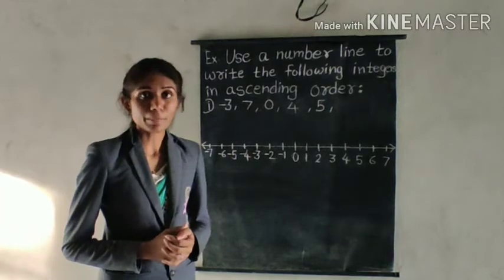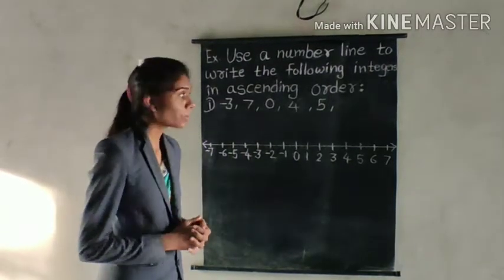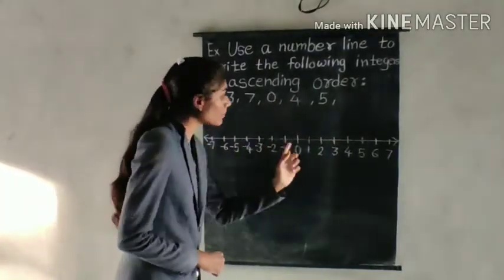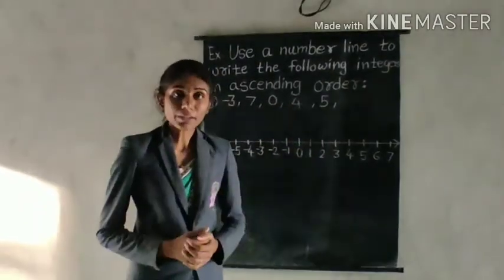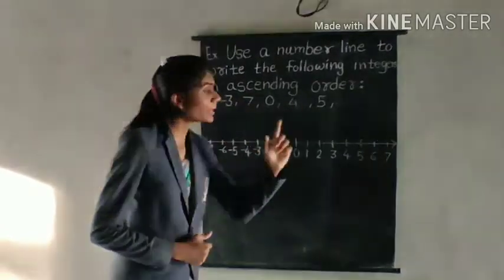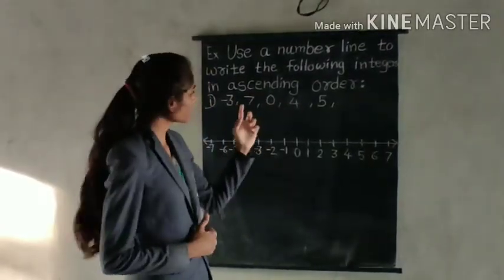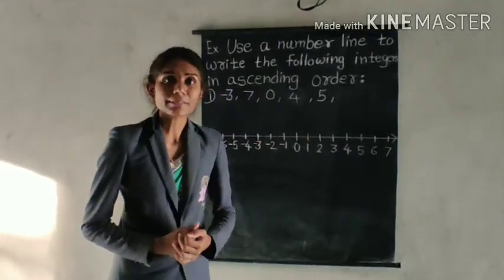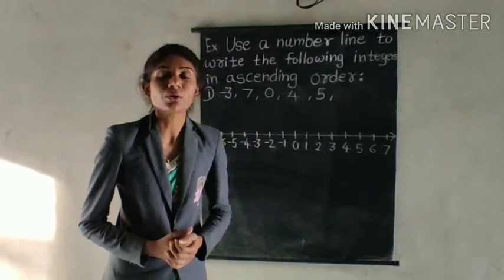After drawing the number line, we want to show these integers on it. The maximum digit given is 7, so we will draw our number line up to 7, and then we try to show all the numbers on it.